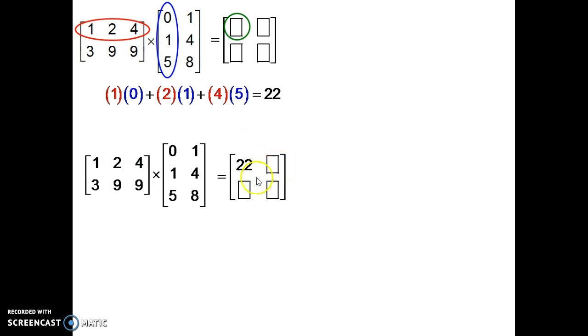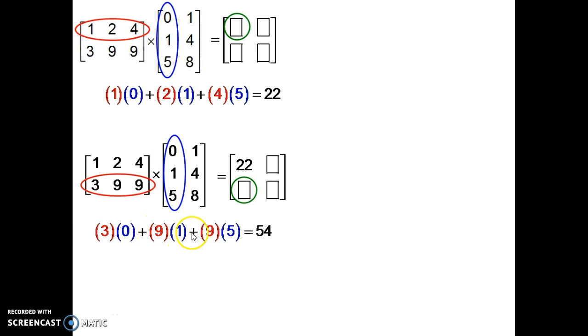Next we fill this position. For this field we multiply this row of the A matrix and this column of the B matrix, and the result is 54. How? 3 into 0 plus 9 into 1 plus 5 into 9. Here also the number of multiplications is 3.